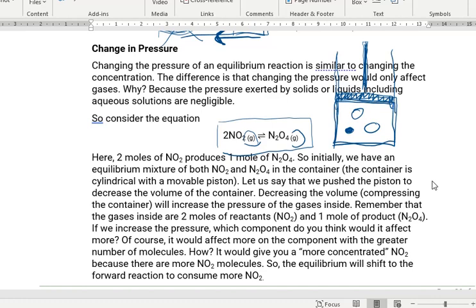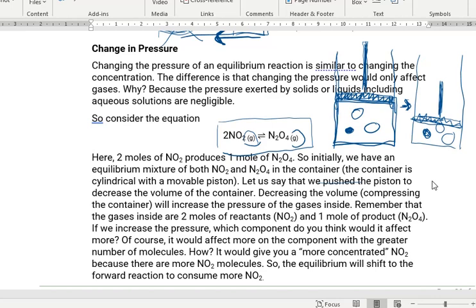So, if we disturb the system by changing the pressure, for example, we push the piston to decrease the volume of the container. So now we have that, right? We still have the same number of moles of reactants and products, but the volume decreased, right?